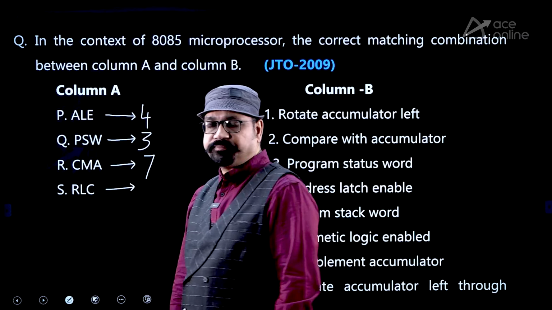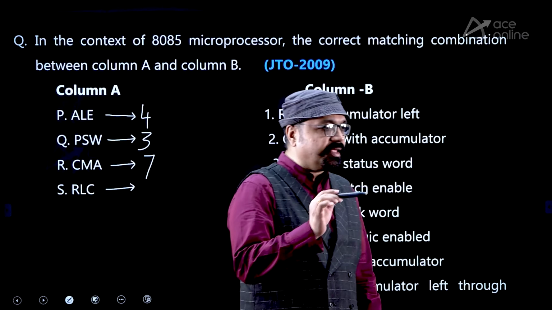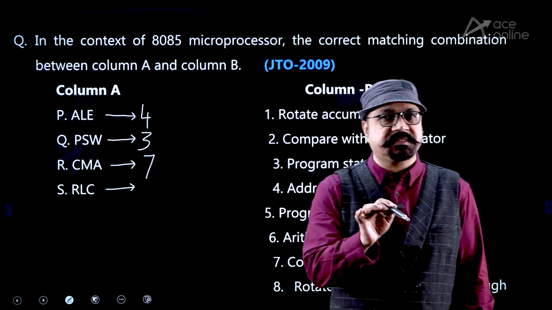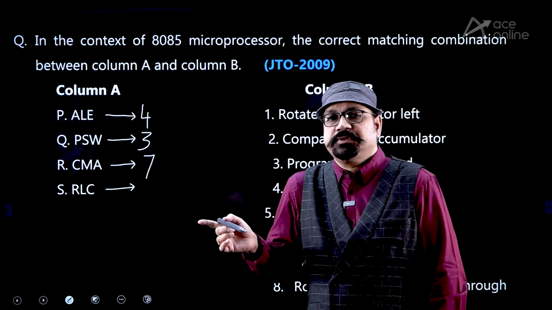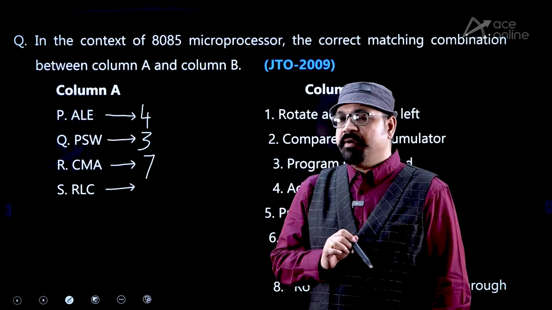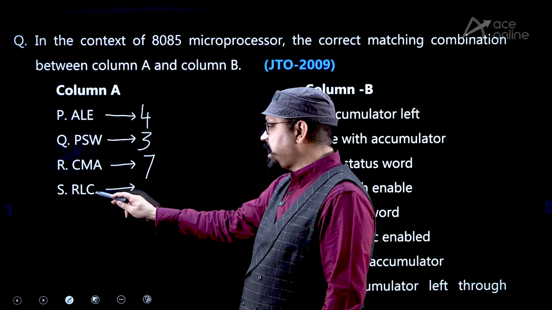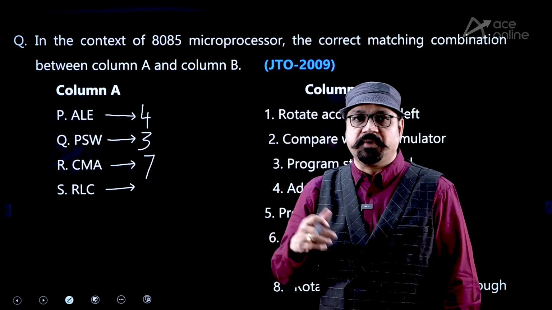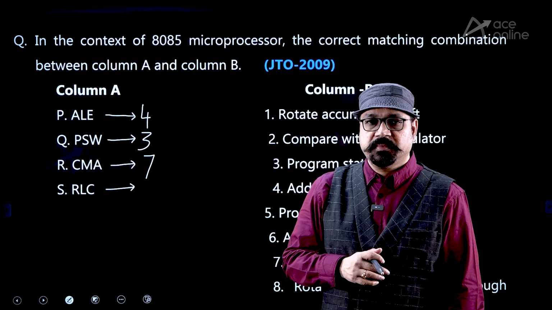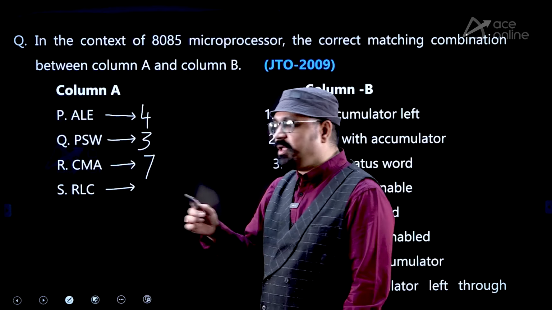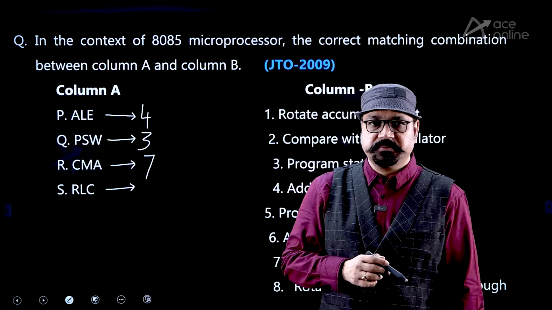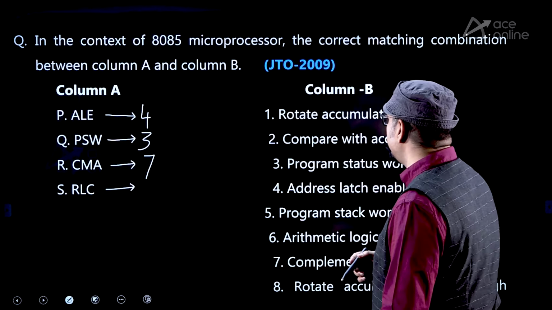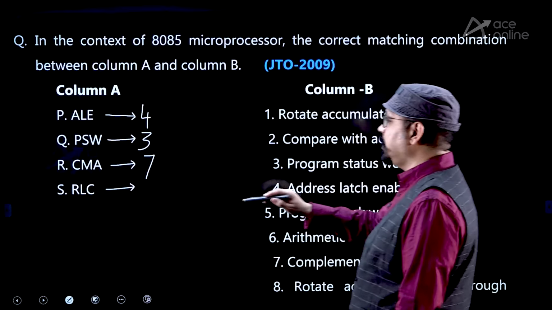Please understand, RAL instruction is there, RLC instruction is there. Later in the program question also we will see once. Whenever the C alphabet is there, we don't include the carry in rotation, right? If the C alphabet is not there, we include the carry in rotation. So RLC, rotate accumulator contents to left, not including the carry.